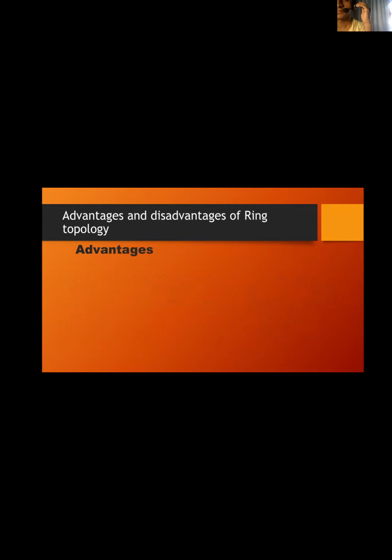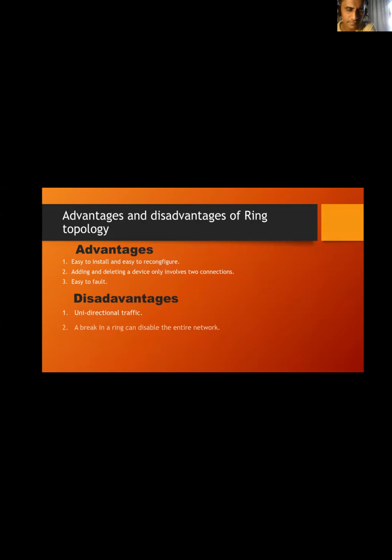Advantages and disadvantages of ring topologies. Advantages: easy to install and easy to reconfigure. Adding and deleting a device only involves two connections. Easy to fault. Disadvantages: first, unidirectional traffic. Second, a break in a ring can disable the entire network.